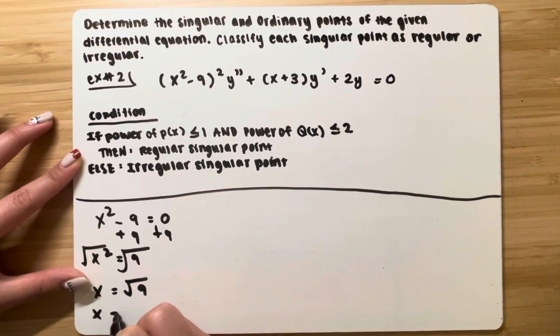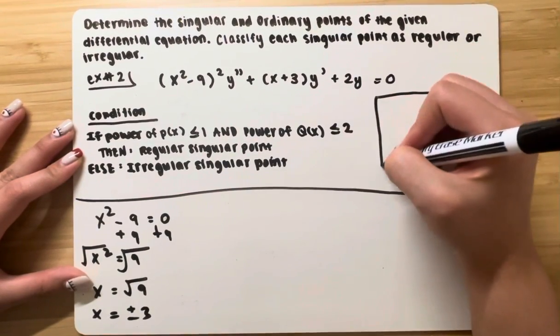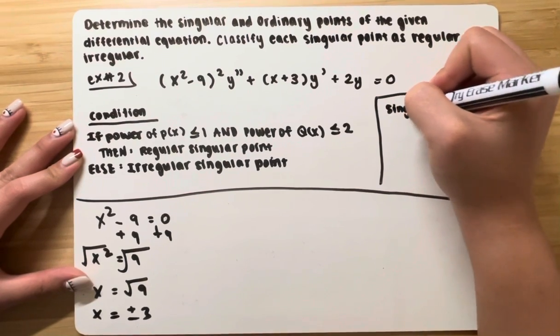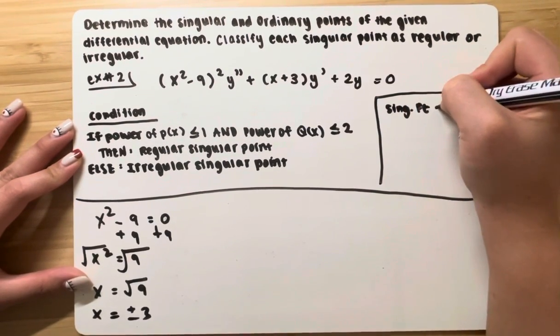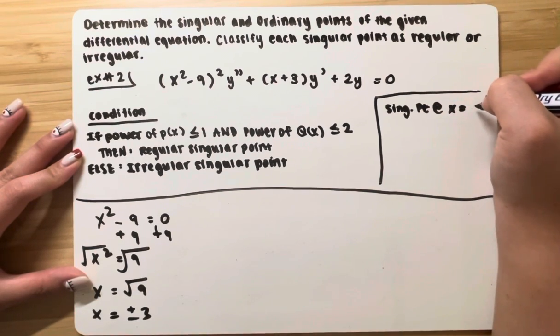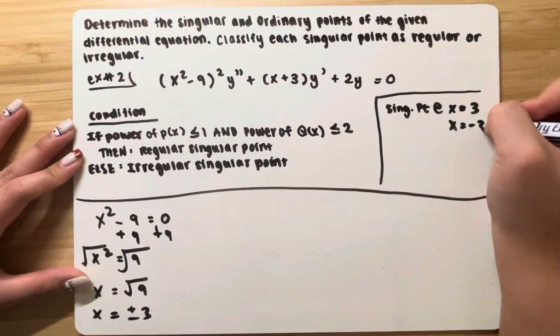So x is equal to positive or negative 3. Okay, so let's put our singular points right here. Singular points at x equals 3 and at x equals negative 3.